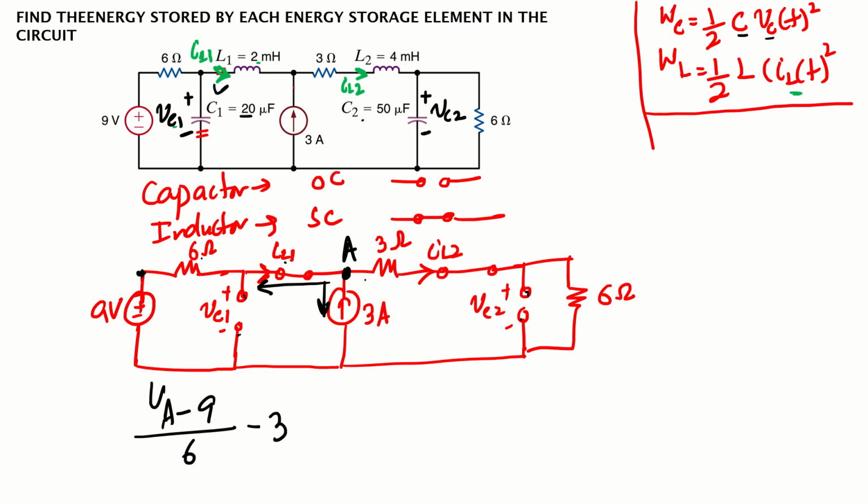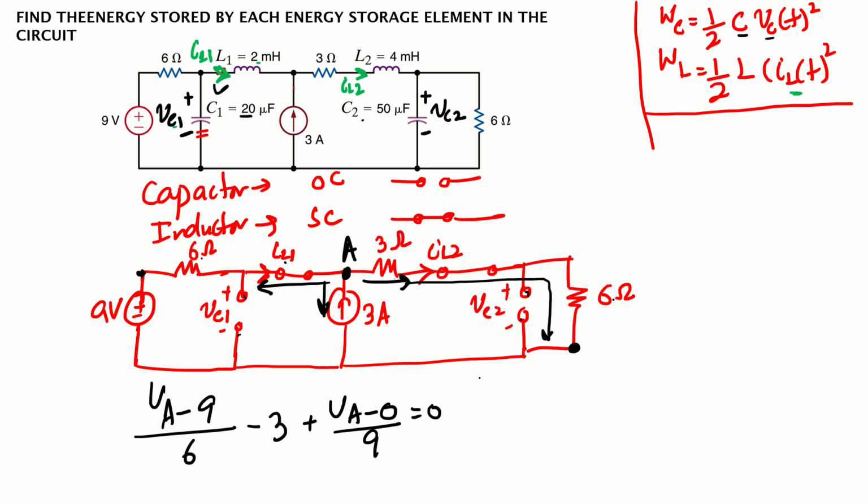Then this current will be leaving, what will that be? Again VA minus 0, because the second end is ground, divided by the resistor 6 plus 3, 9, is equal to 0.